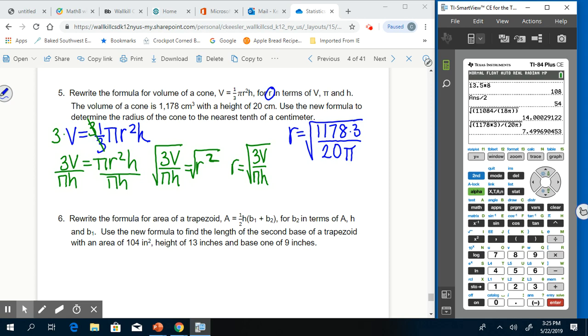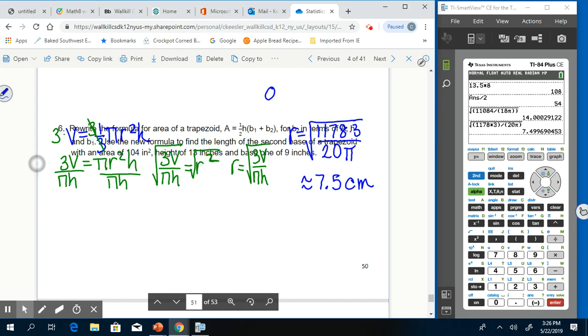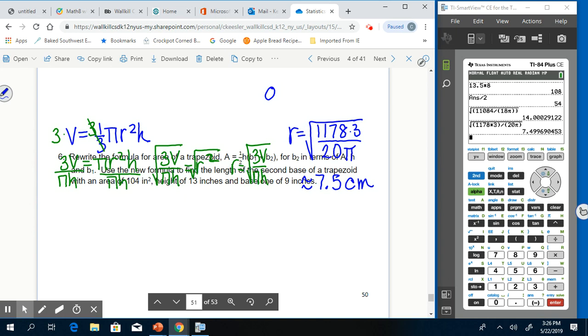And we get 7.49969. So it says to the nearest tenth. So we're going to say that that's about 7.5 centimeters. All right. So hopefully you're finding this not so difficult. Let's take a look at number 6, and then you're going to be on your own.